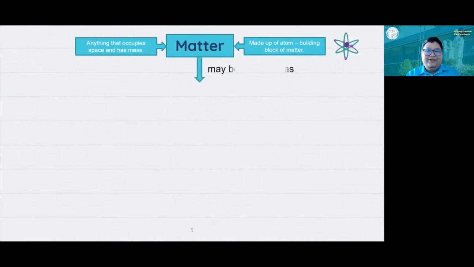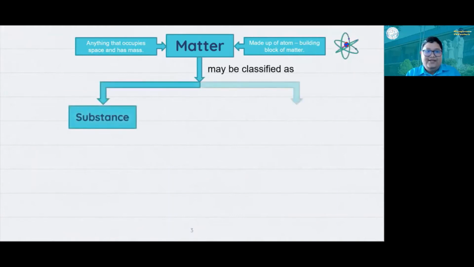Now, matter is classified into 2. We have the substances and the mixtures. If in case you don't know yet the difference between substances and mixtures, please go back to our previous lesson. Now, the substances are classified into 2.